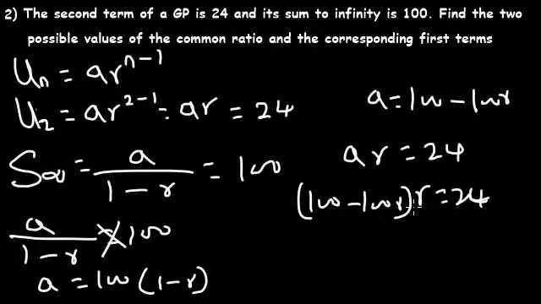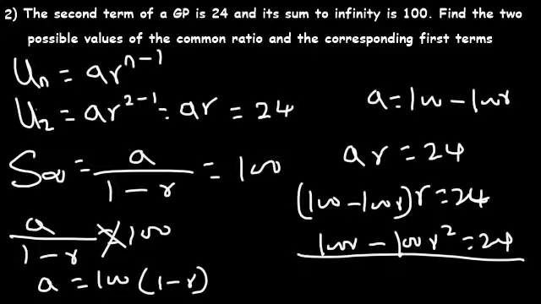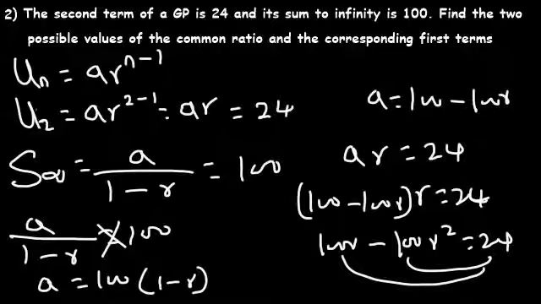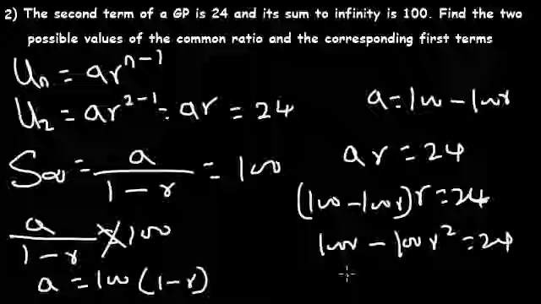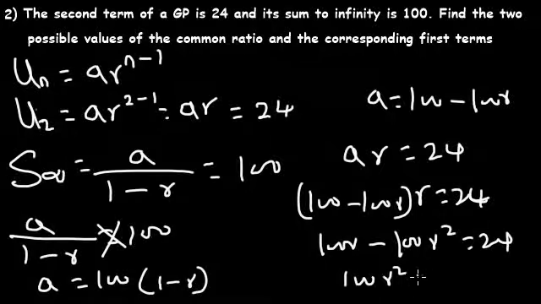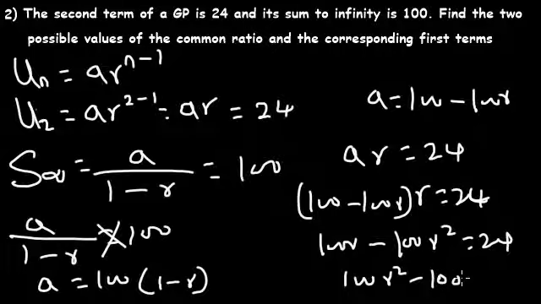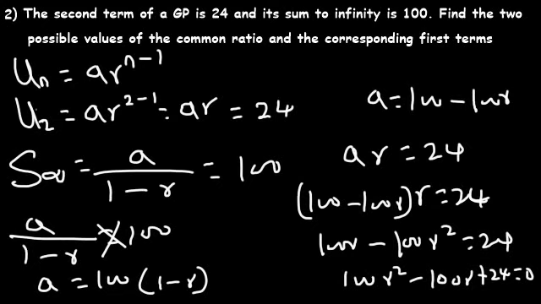Now let's expand. 100 times r is 100r, minus 100r times r is minus 100r squared, equals 24. Let's set this equation equal to 0. Let's bring this all the way to the side, because we want to work with positive. Then we have 100r squared minus 100r plus 24 equals 0.